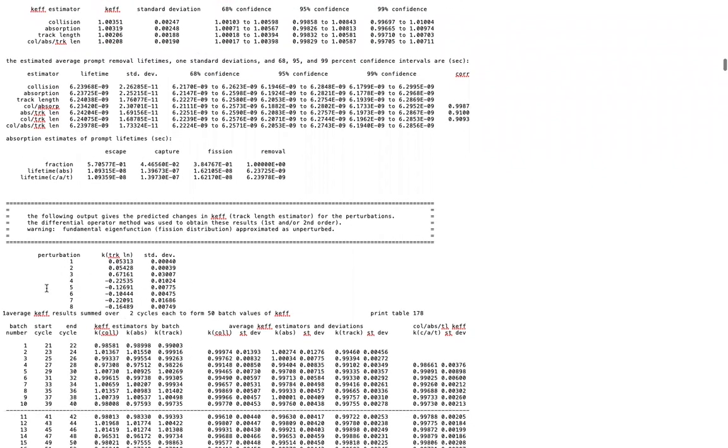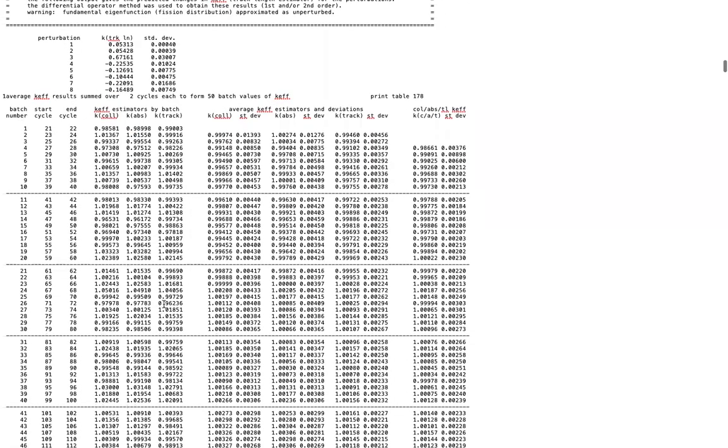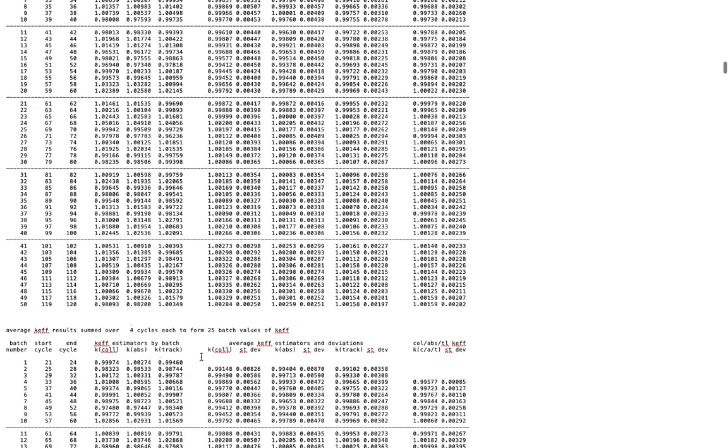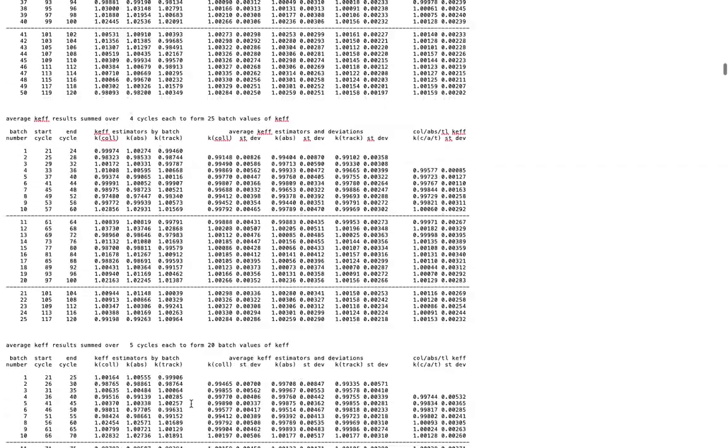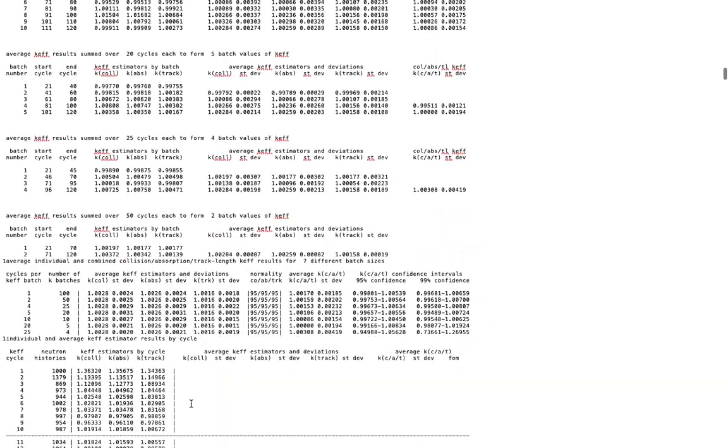You can see all the perturbations. Now the first numbers were the change, and one of these adds up. So I think this one added up and gave you a big number, 0.67. Okay, so you can see what happened. And actually I'm trying to come to the tallies.